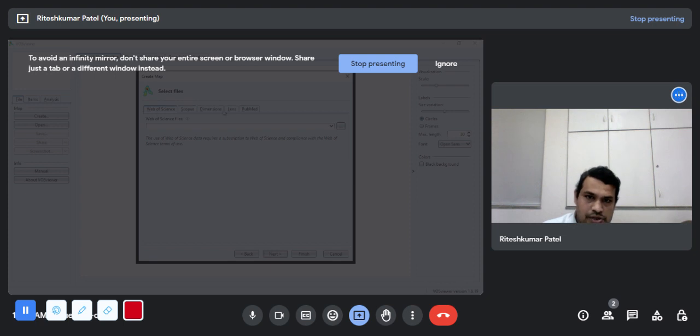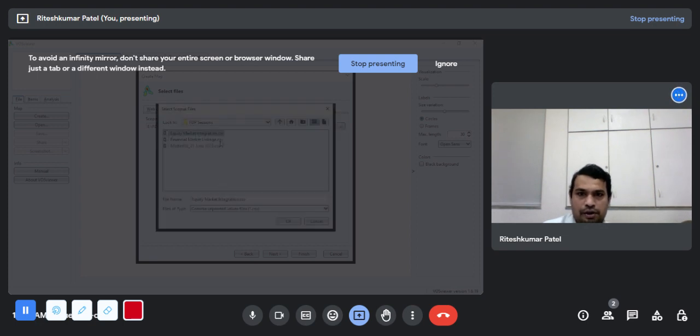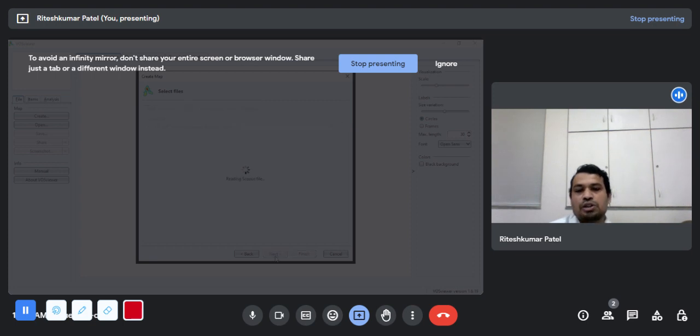Over here, you have to select an appropriate source. As ours is from Scopus, I will select Scopus and write the topic. Once I have it, I will click on next. Here it will take around 1 minute because it has to read the data.